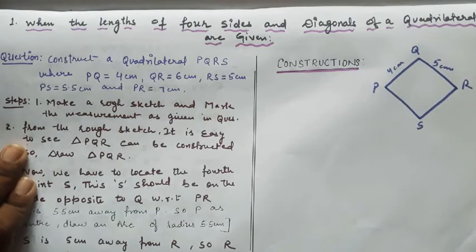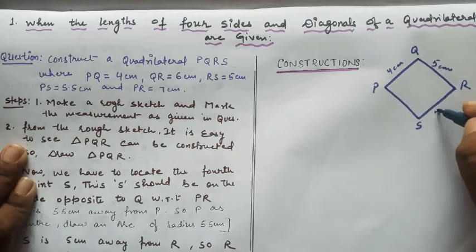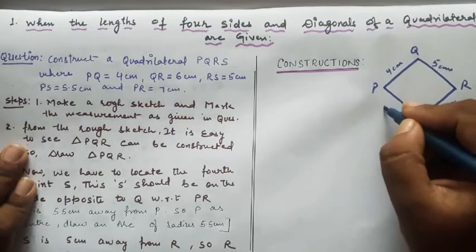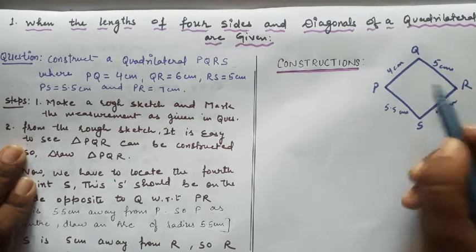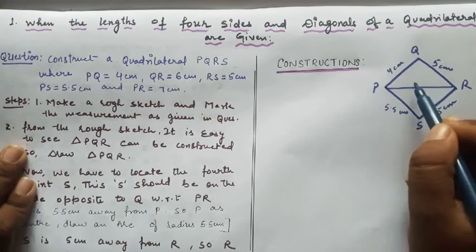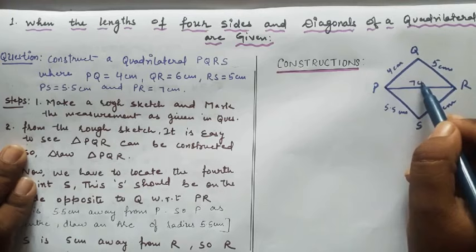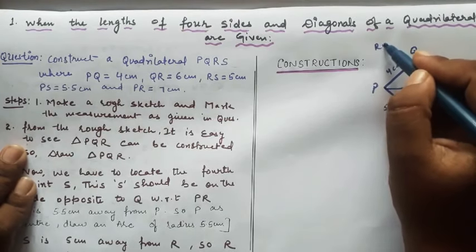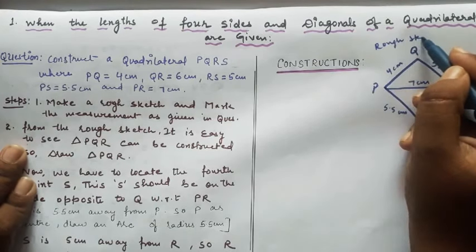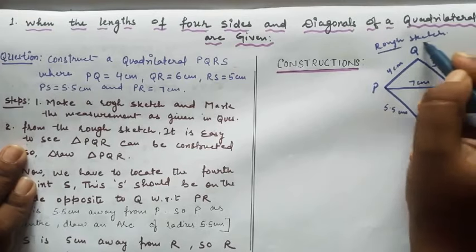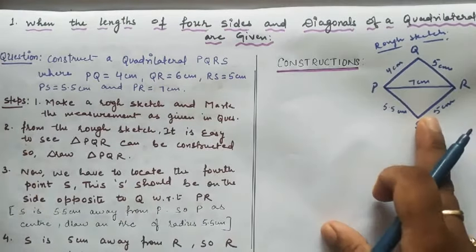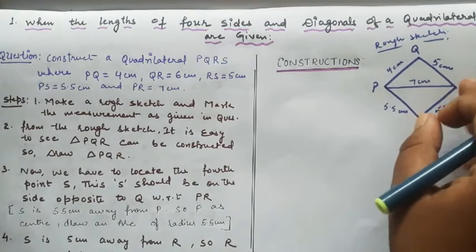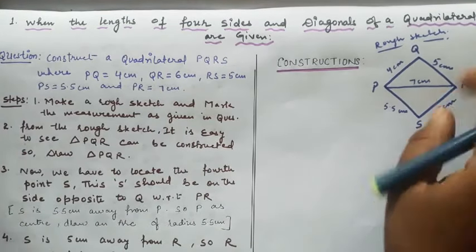RS is 5 centimeter, mark it as 5 centimeter. PS is 5.5 centimeter. Next, we are left with PR, that is 7 centimeter. This is the rough sketch of a quadrilateral according to the given information.